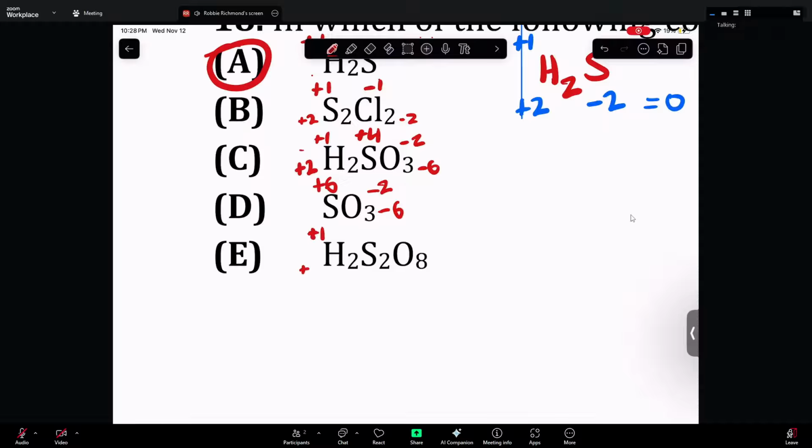+1, +2, because there's 2 hydrogens. -2 times 8 is going to be -16. We have to figure this out real quick. Those 2 sulfurs need to equal an oxidation state of +14. 14 divided by 2, each sulfur atom should be +7.